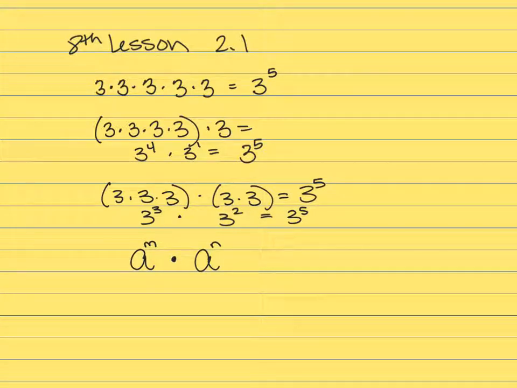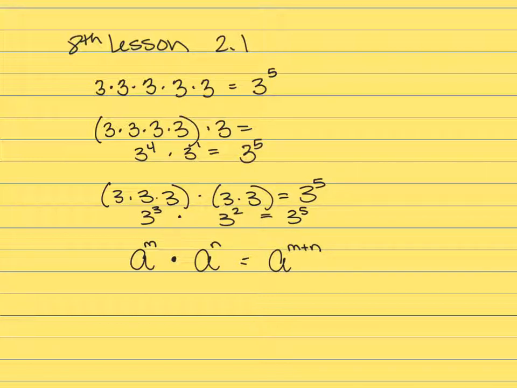For example, the same base 3, so A in this scenario is 3. Then we had an exponent of 3 and an exponent of 2. And what happened was we just added those together, whatever they were, and that gave us that shortcut. So this is called the product of powers property.